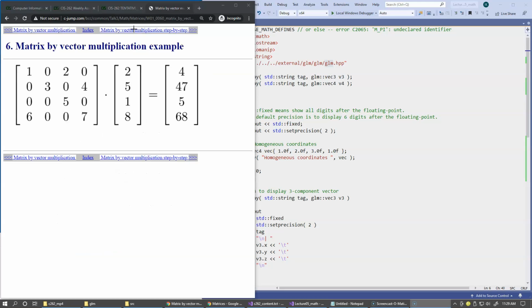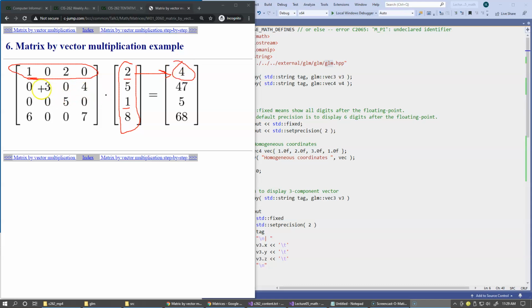This is an example of matrix by vector multiplication, and here what we do is take the first column multiplied by the components of the vector. So 1 times 2 plus 0 times whatever, 2 times 1 plus 0 times whatever, so the outcome is 2 plus 2, and from this combination we get the result 4.